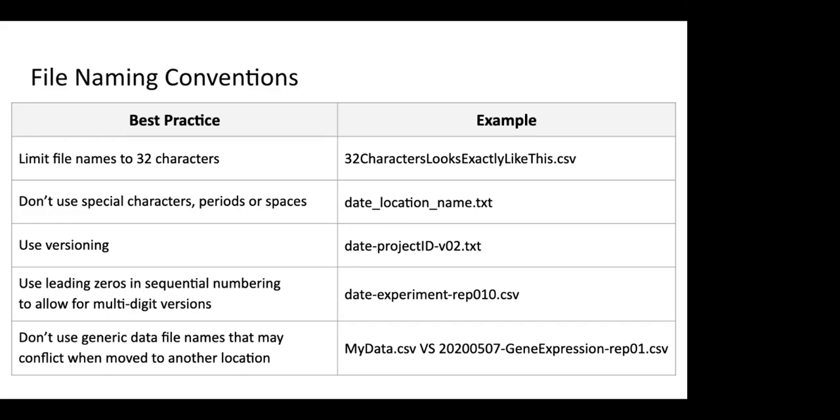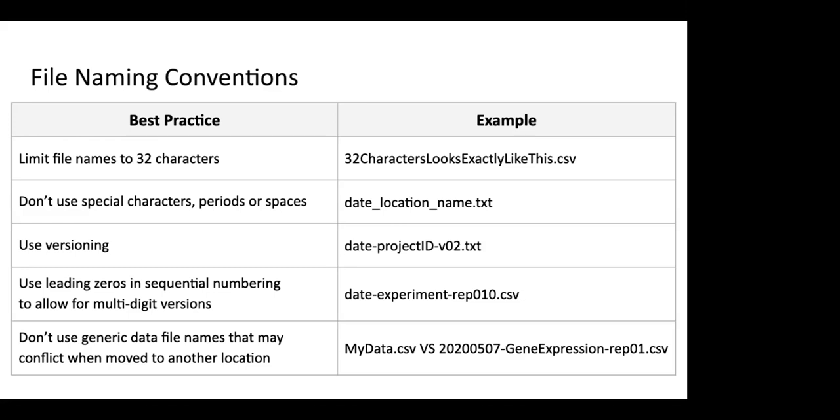So instead of naming a file mydata.csv, you should use a good descriptive name like having the date, the project name, and a rep number with that leading zero. And this is good.